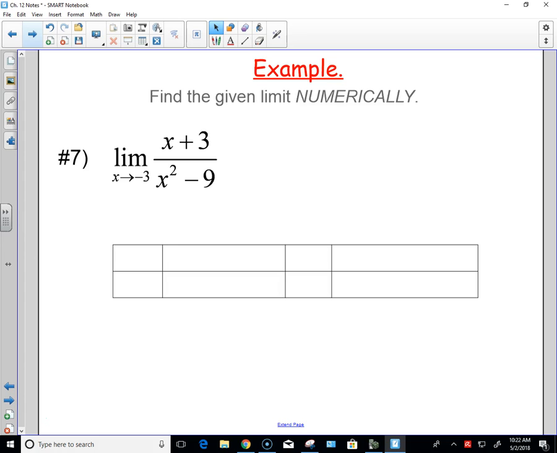All right. Put the A in the middle. Put the function in the calculator.